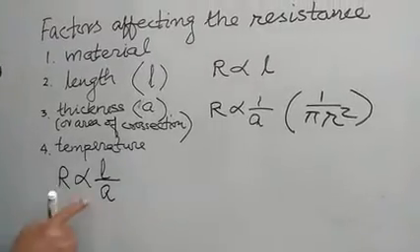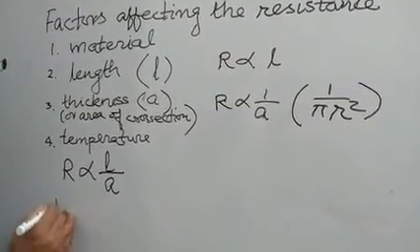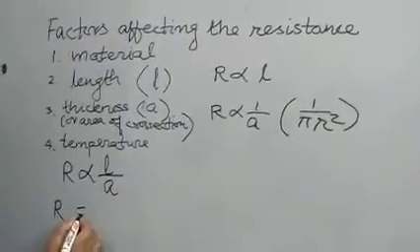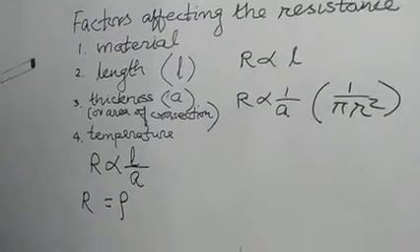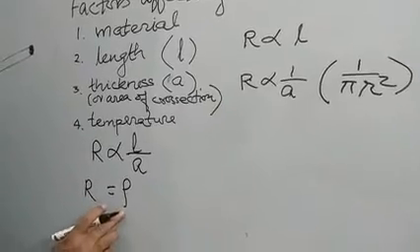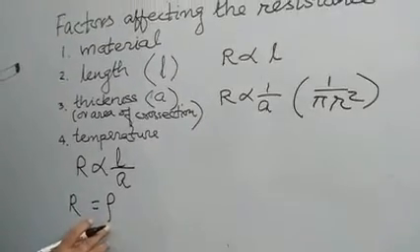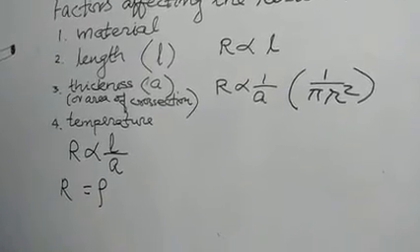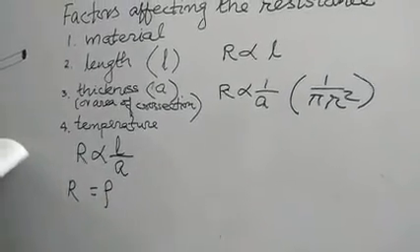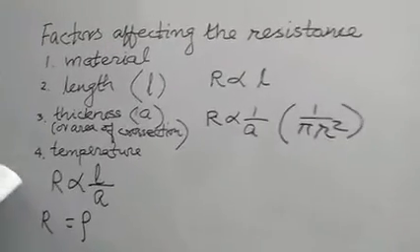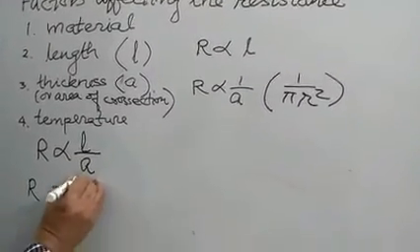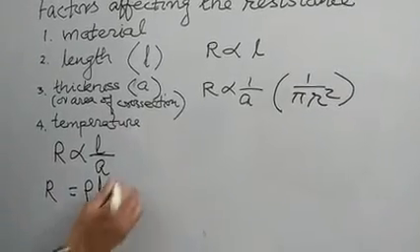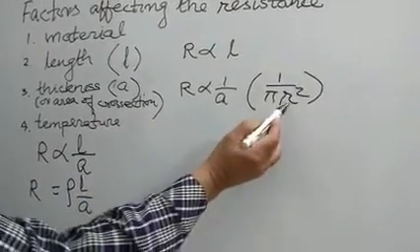You have to multiply this side by a constant, so that this proportionality sign becomes an equality sign, and thus the constant here is this. You have heard about this. This is rho. Normally we use rho for density, but here we are using rho for another constant, which I'm going to name in a little while, but let me complete this first. R = rho L upon A. A is the area of cross section. In case of cylindrical, it will be like this.